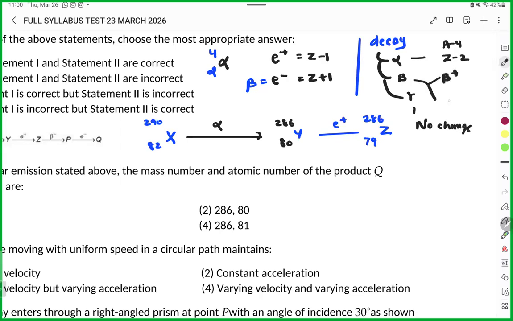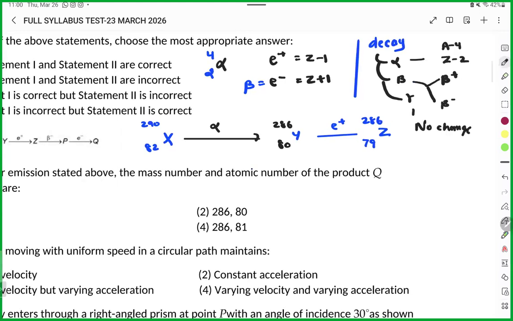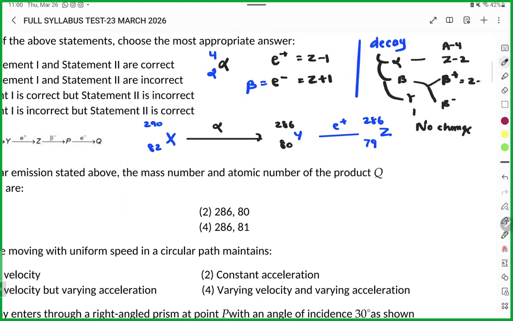Beta positive, and beta negative. Beta positive, atomic number reduced by 1, and negative increased by 1. That's all. This is the only topic you need to know. But now it's not in syllabus. In case they ask, this is the thing. Alpha particle, mass and atomic number. Beta particle, mass, atomic number. Gamma, no change.